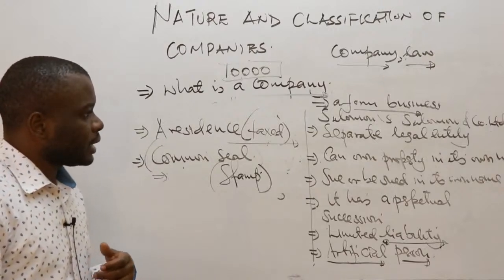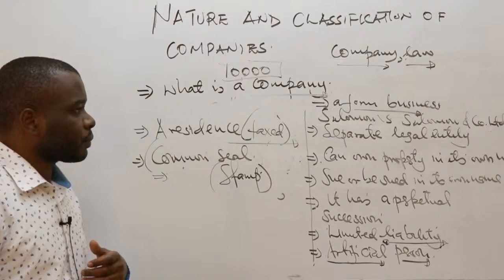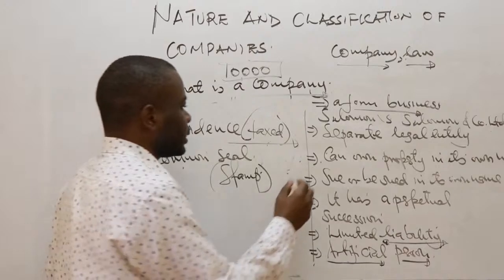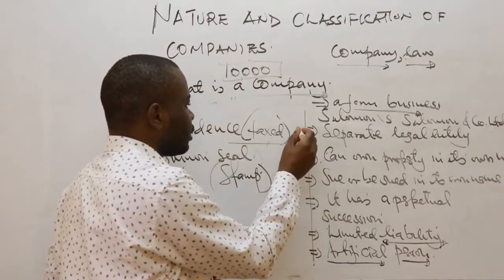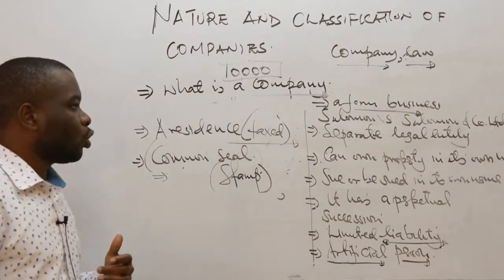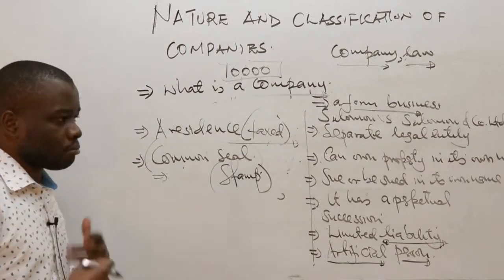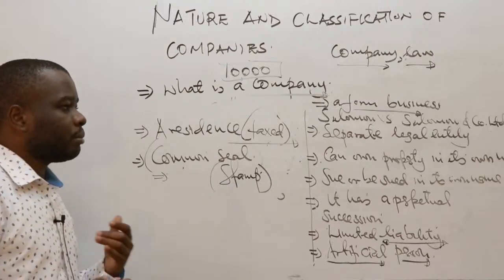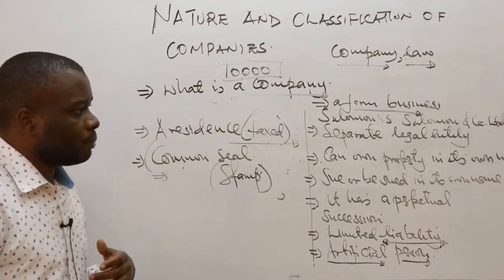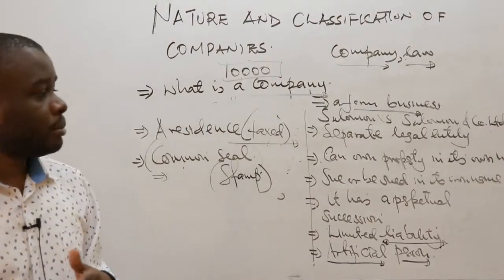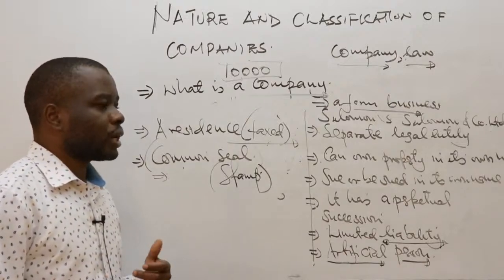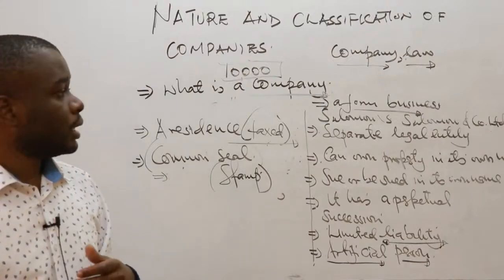So these are among the key characteristics of a company as a form of business. If you look at most of these characteristics, you realize that they are not found in other forms of business, like a sole proprietor or a partnership. That's why a company can be the most preferable form of business to carry out business, like sale of services or sale of goods, with an aim of realizing profit.